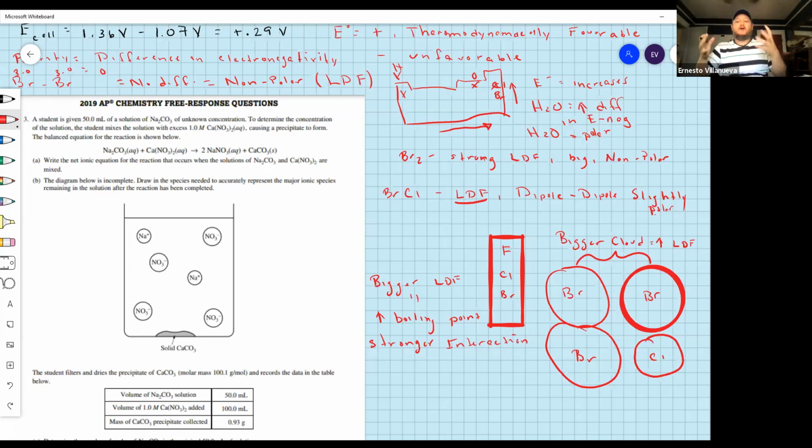The stronger the interaction is, the stronger the bond, the more energy it takes to break those intermolecular forces. Does that make sense? I'll let you stew on that for a little bit.